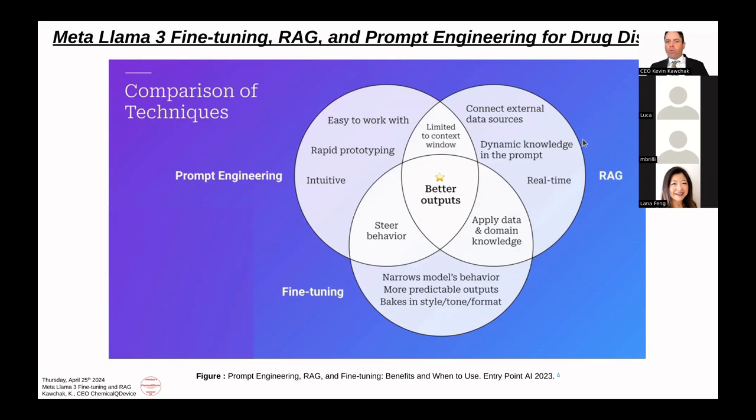Okay, now you have RAG, so it can be real time, right? Dynamic knowledge in the prompt, and connect external data sources. Now, somebody else on LinkedIn posted this really interesting article. They think some portion of healthcare does not want to use any LLM because it's a web-based interface, and they can't accidentally send any patient information because, say, OpenAI collects the information.